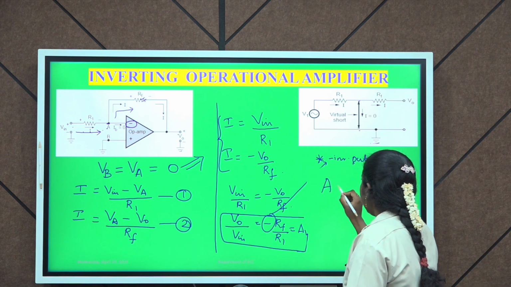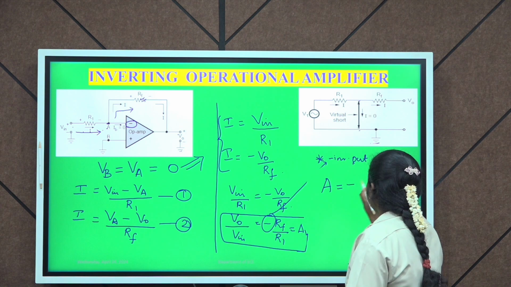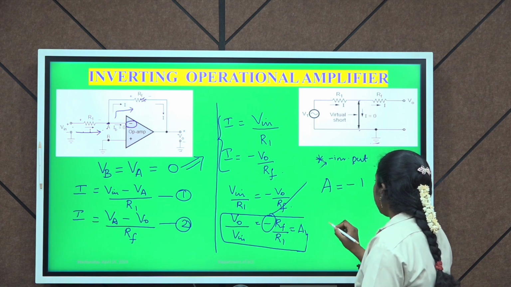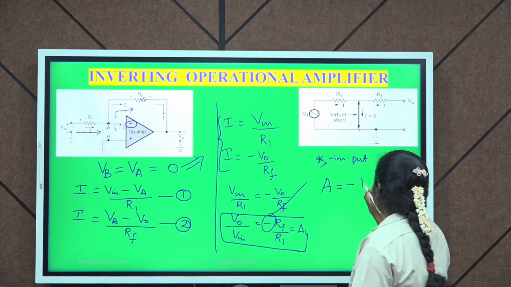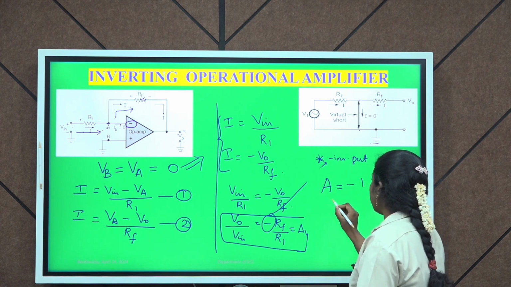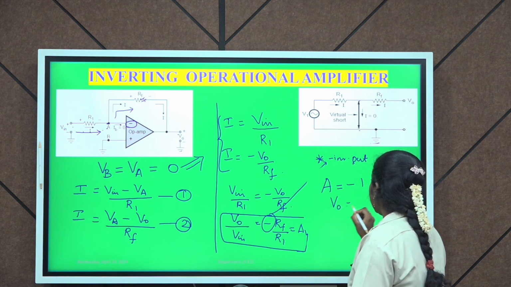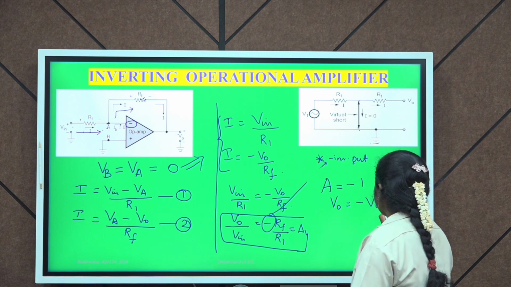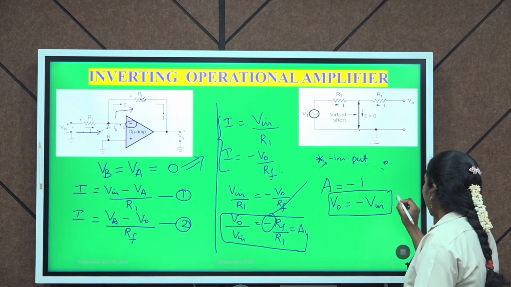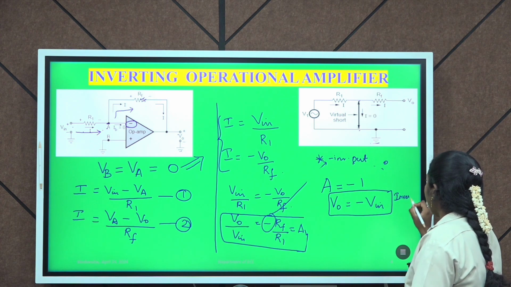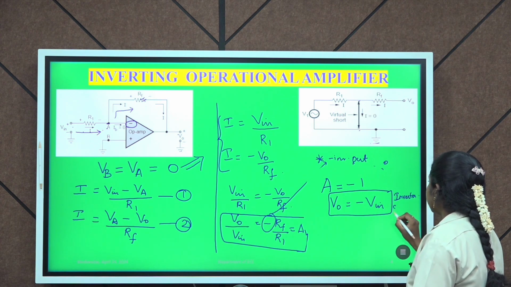The gain A is equal to minus Rf divided by R1. So when Rf is equal to R1, A is equal to minus 1, so V0 is equal to minus Vin. At this condition, the operational amplifier acts as an inverter, or a sign changer.